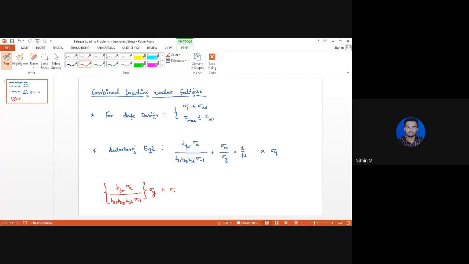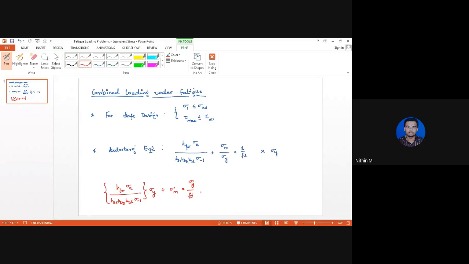So thereby this will be just sigma m is equal to sigma y by factor of safety. This is equal to sigma y by factor of safety, right? This is the equation that we have.